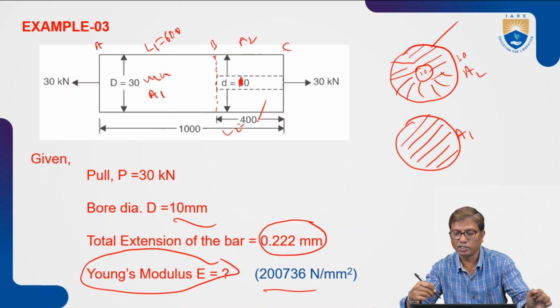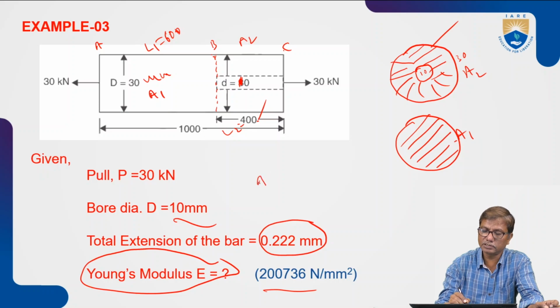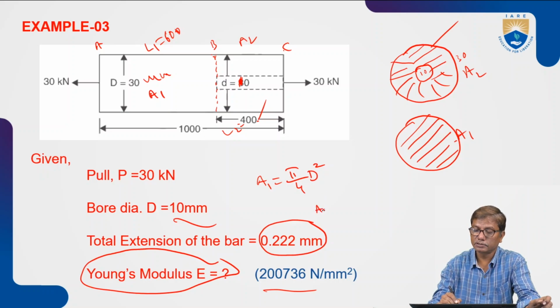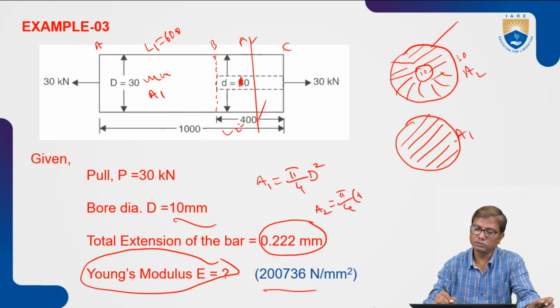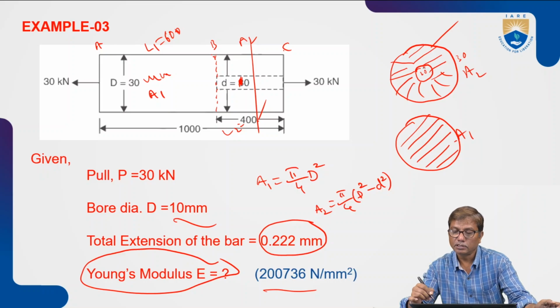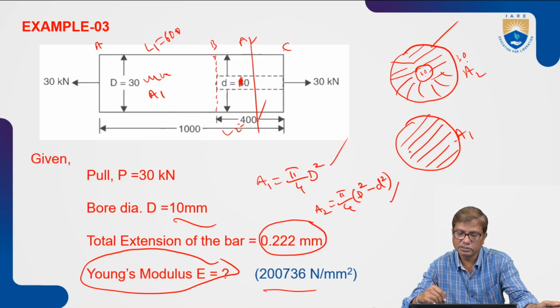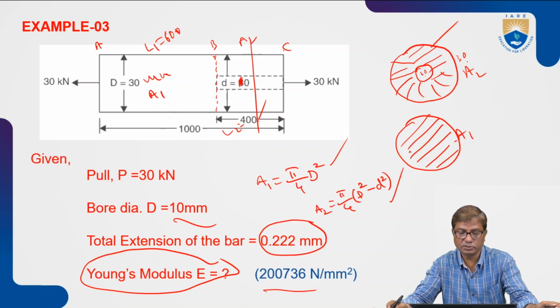So A1 is pi by 4 into capital D square. And A2 is, for this portion, pi by 4 into capital D square minus small d square. Capital D is outer diameter 30 mm, small d is borehole diameter 10 mm. Okay. So these are the areas for two different portions.